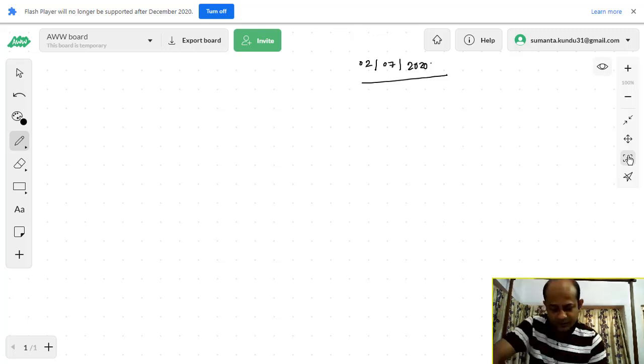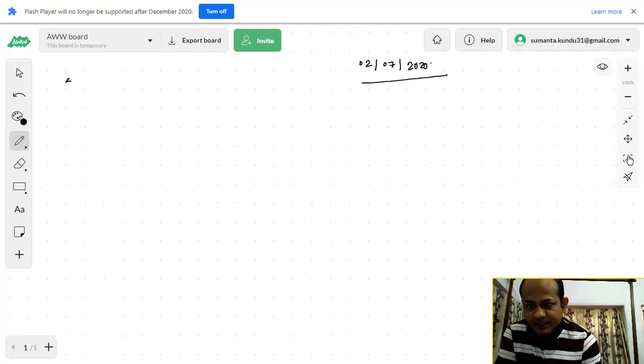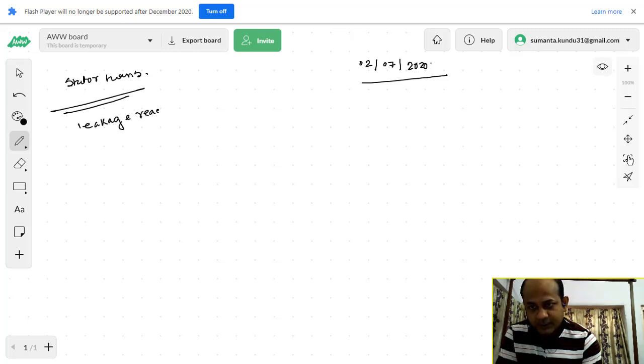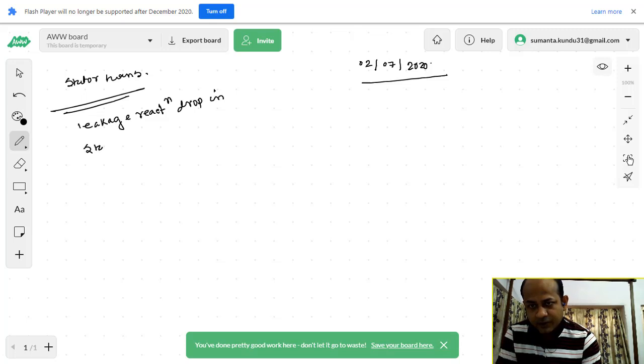One is mutual flux and one is stator leakage flux, and stator leakage flux only links the stator number of turns, so it has an effect of leakage reactance drop in the stator winding.